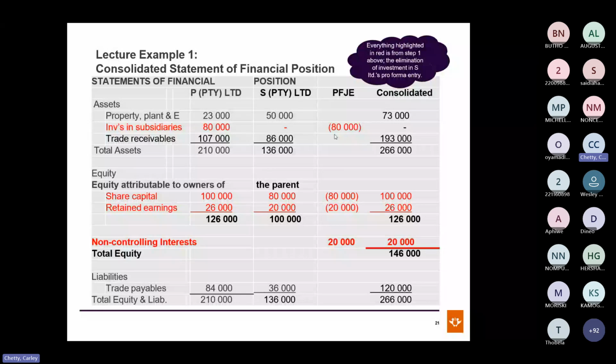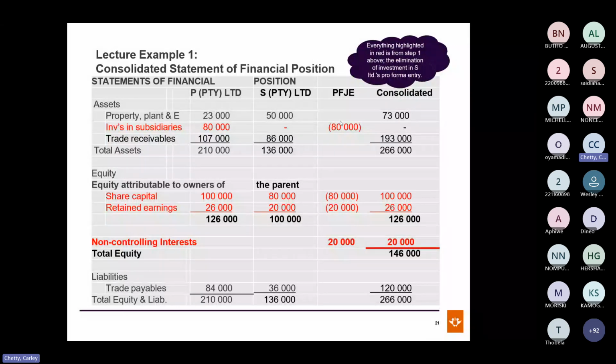We are showing the pro forma journal entry. We are eliminating that investment in the subsidiary. So the consolidated column, this is your final figures in your statement of financial position, that is 0. So we have essentially eliminated the investment. It's not that we're showing the investment as a negative. We are eliminating the investment. So we have 80,000.